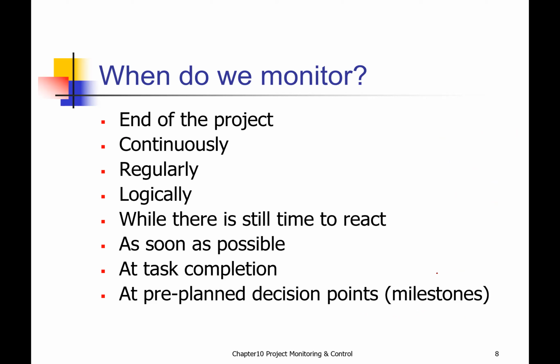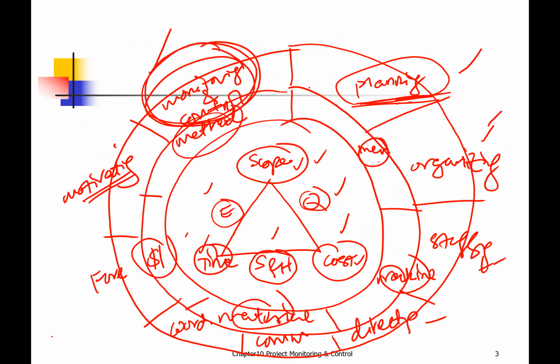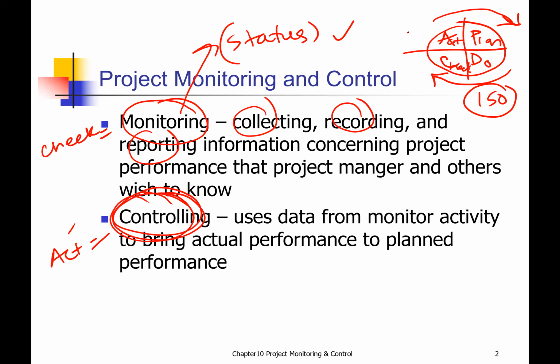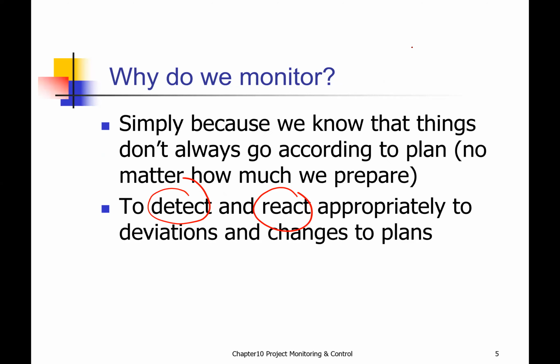When do we monitor? If we are looking at this diagram, it looks like this one is at the end of the cycle, or even this diagram, it looks like this one is at the end of the cycle, but it is not, we do not read it like that, okay?